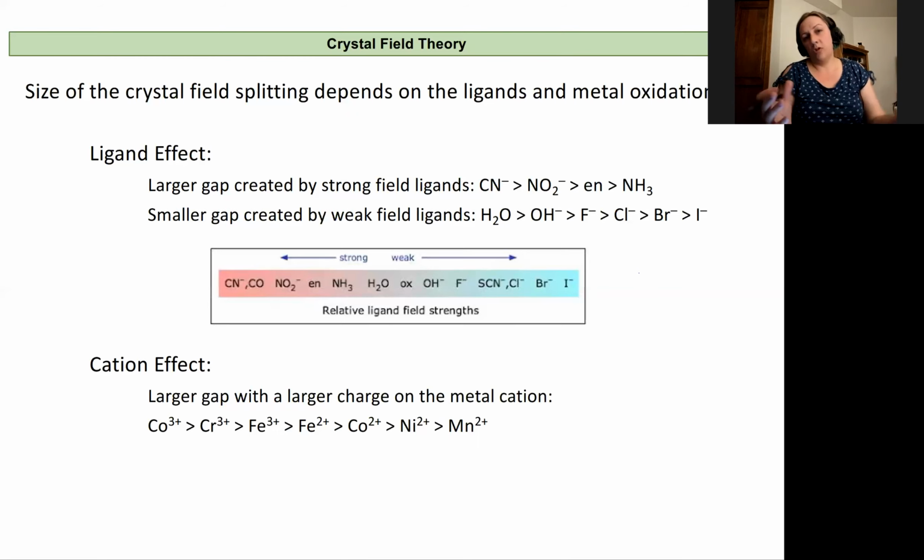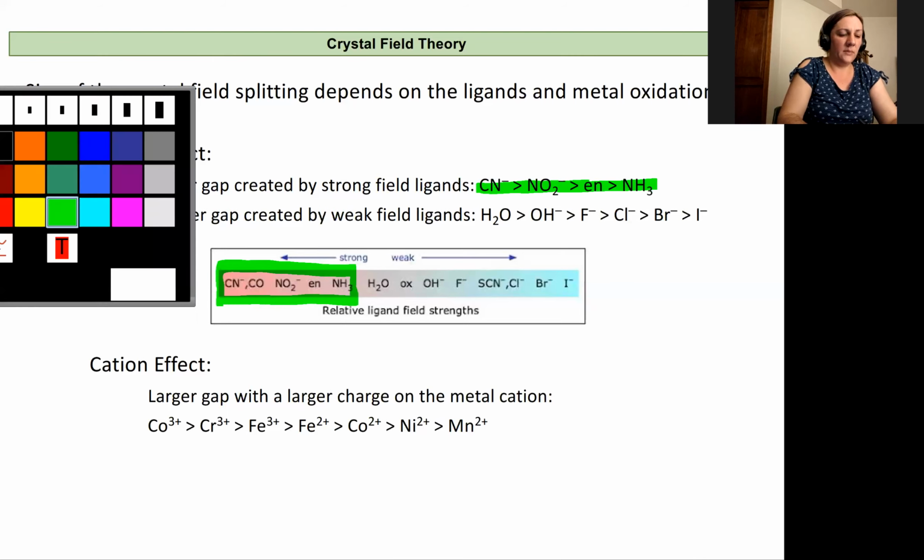So the general trends we see when we explore that are that, for the way the ligand affects the crystal field splitting energy, the larger gap will be created by strong field ligands. Those are going to be things like cyanide, nitrate, ethylene diamine, and ammonium. They're these ones right here.